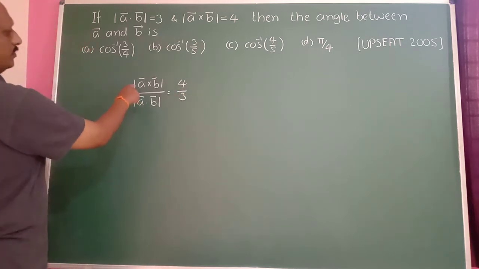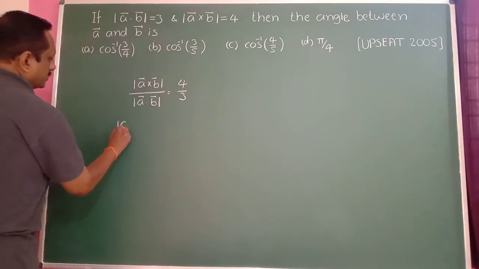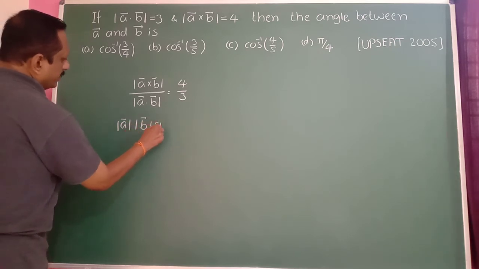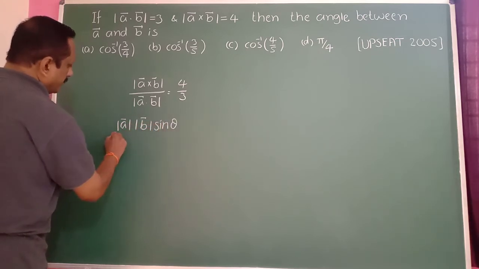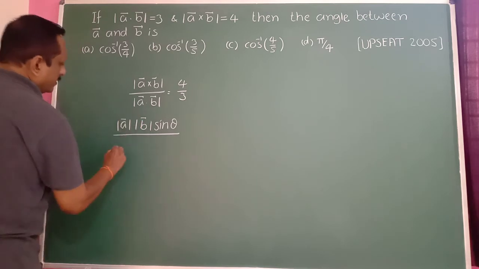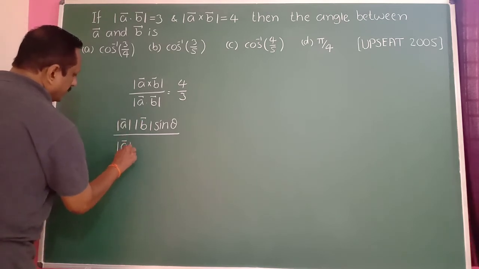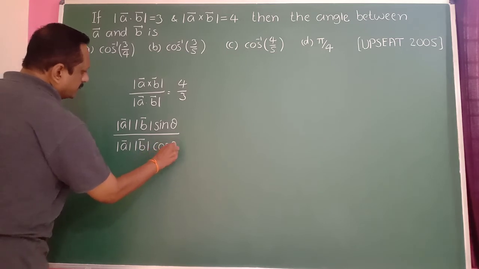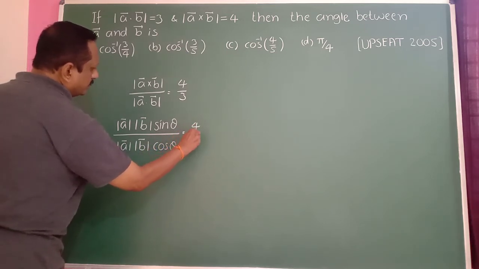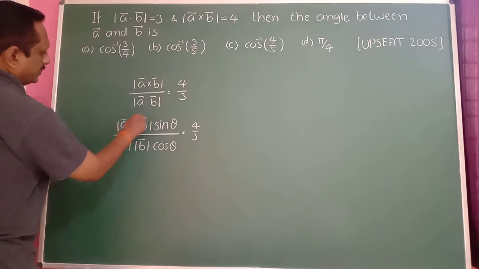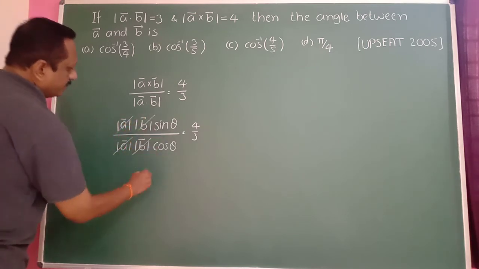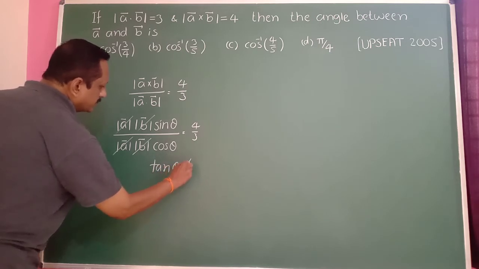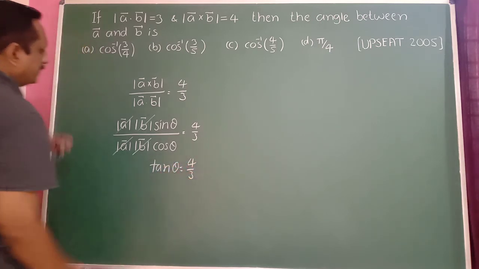That is modulus of a bar into modulus of b bar into sin theta divided by modulus of a bar into modulus of b bar into cos theta is equal to 4 upon 3. Here this term gets cancelled. Sin by cos is tan theta.